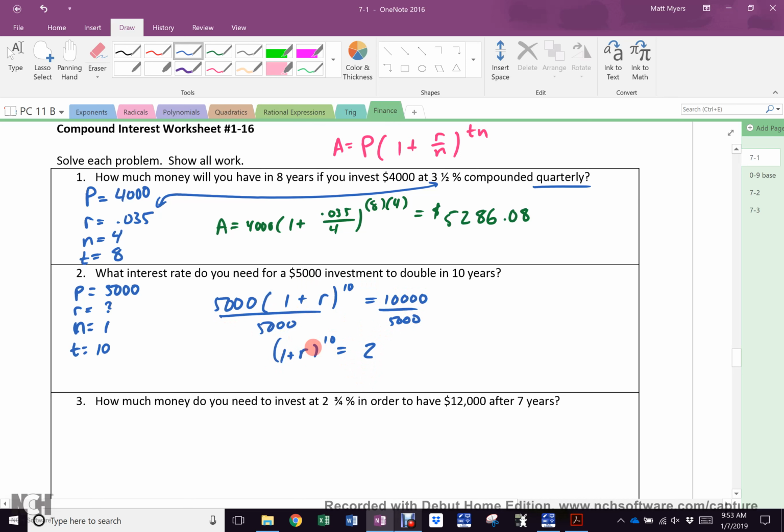Now, how do I get rid of something to the 10th? I take the 10th root, right? So we learned how to do that in the second unit we did. I take the 10th root of both sides, and 1 plus R equals the 10th root of 2, right? And then R equals the 10th root of 2 minus 1.